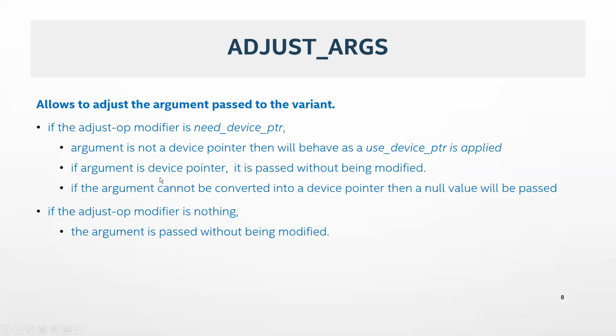If the argument is already a device pointer, then it is not modified, it's just passed as is. And in case you cannot modify it because the corresponding device pointer does not exist on the device, then you would be passing a null value, where the variant function can check if it's a null value, then there's something wrong with the conversion to a device pointer. The user can also say adjust nothing, which basically implies don't modify the argument, pass it as is.